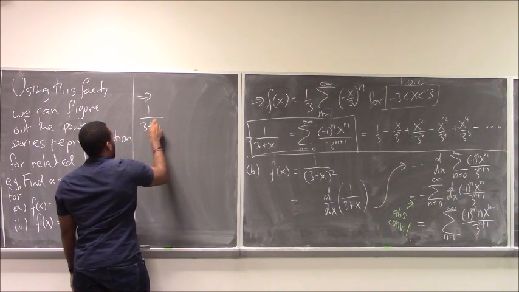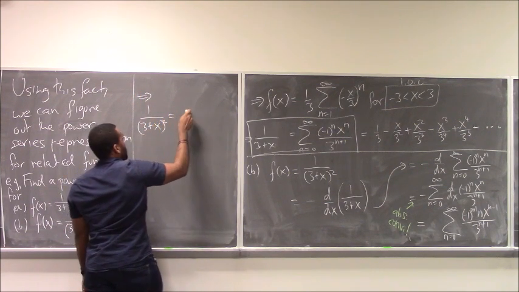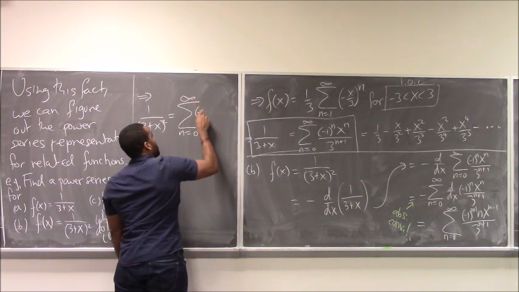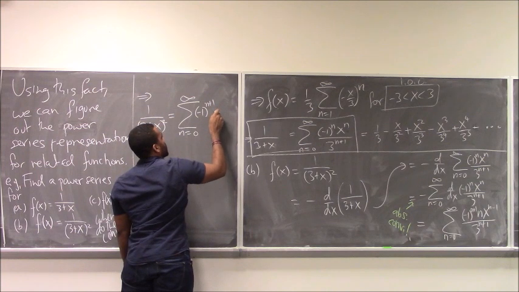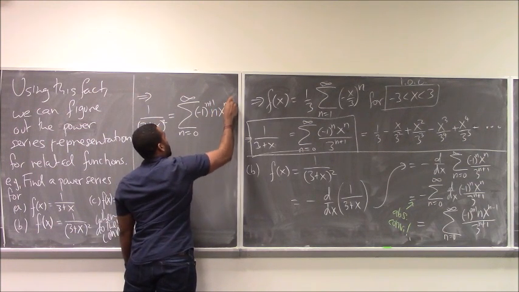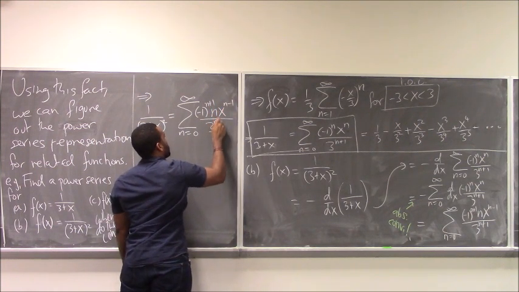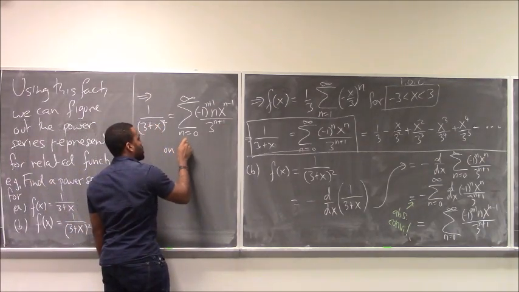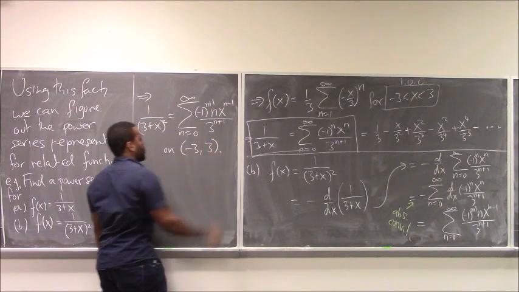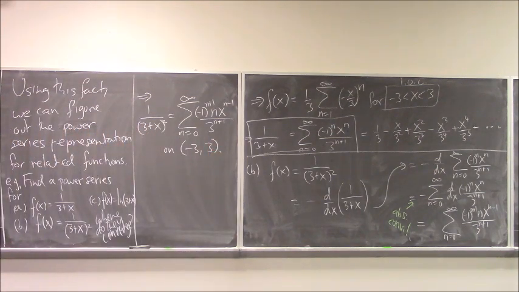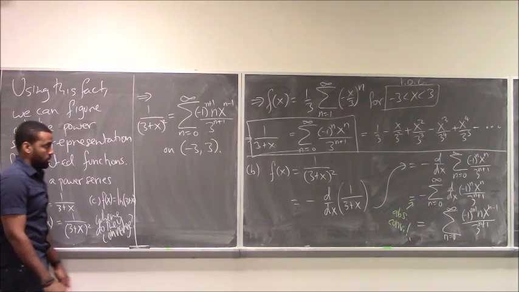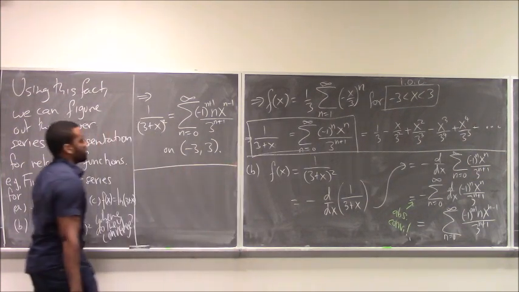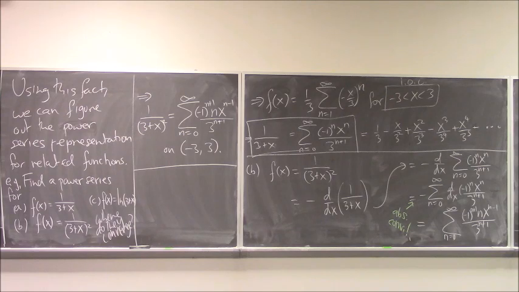One over 3 plus x squared, I can think of this as the series, n goes from 0 to infinity, minus 1 to the n plus 1 of n x to the n minus 1 over 3n plus 1. And this works on minus 3 to 3. That's a power series for this.